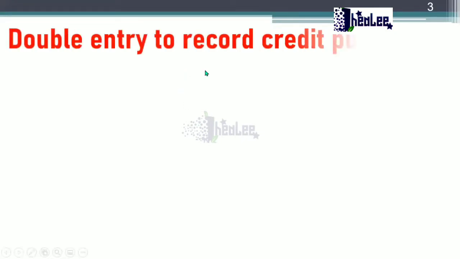Let's pause, guys, to look at the double entry to record credit purchases. Credit purchases is basically saying that the business bought goods on credit. So therefore, the two items affected are purchases and your accounts payable account.